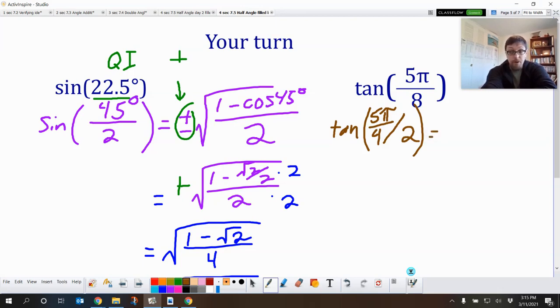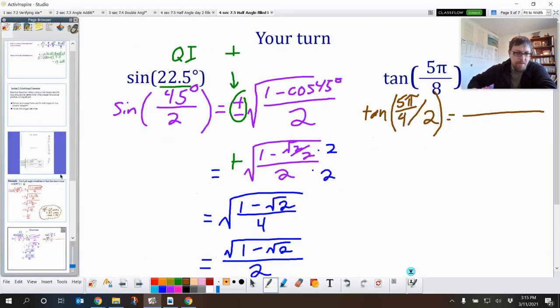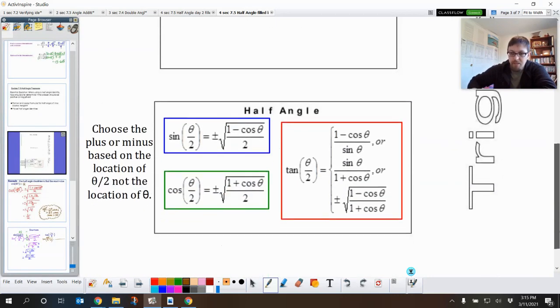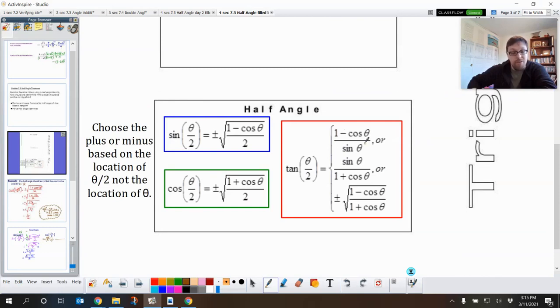So that is going to be the angle that we're going to use. Now remember, there are 3 for tangent. Two of them we hate, and the other one is fine. Now, is it sine or cosine in the denominator for that thing? I believe it is cosine, but I don't mind taking a look at my identity sheet to verify. Good thing I checked. It is sine in my denominator, and in my numerator, I got 1 minus cosine.